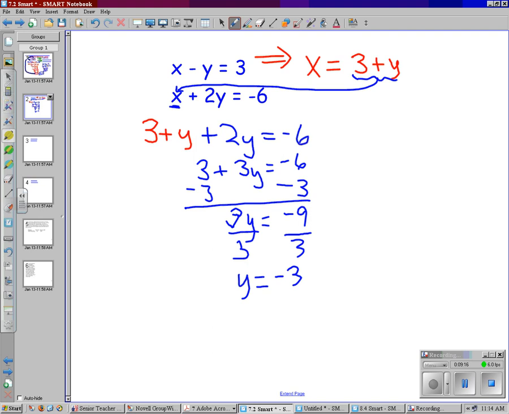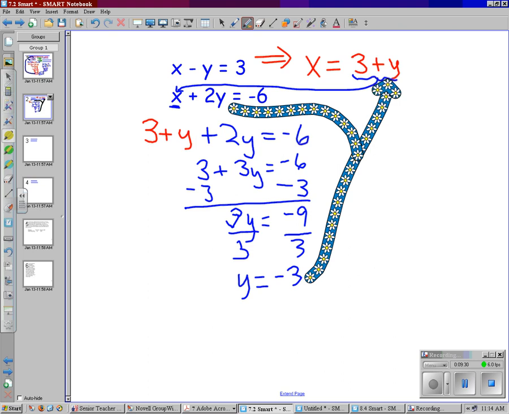Remember, we want to substitute that back in. I would highly encourage you to substitute that right here in for y in that equation that you used x equals. But I will say you can substitute it in for y in the other equation. It truly does not matter.